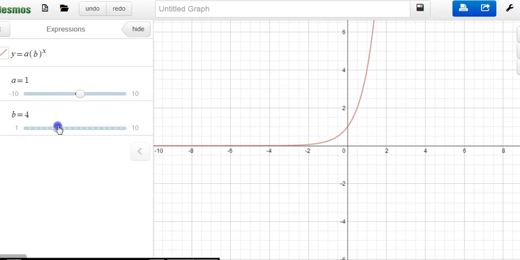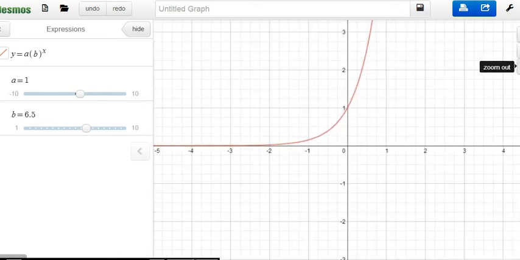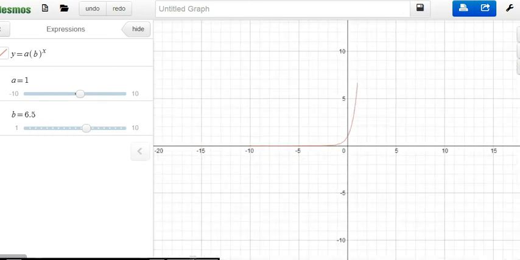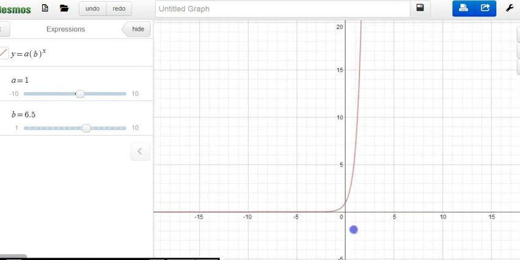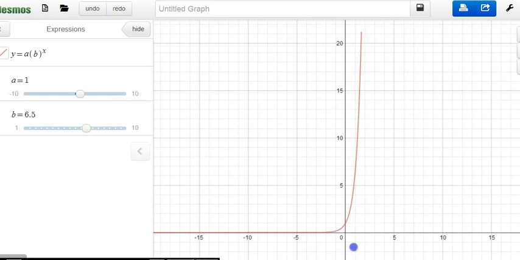So what's changing? Now, are there any values of y that are less than 0? Is it going down below here? No. So, you know what? I don't want to zoom in. Let's zoom out a bit, just because it's getting pretty big. And let's move this graph down, because if it's not going to go below the axis, then why should we bother looking there?